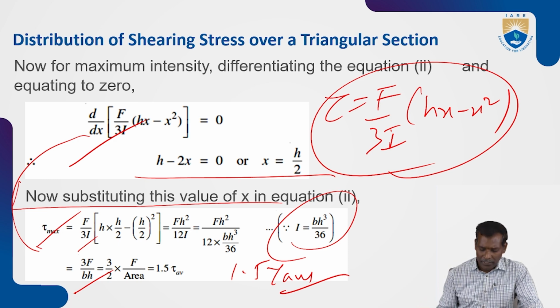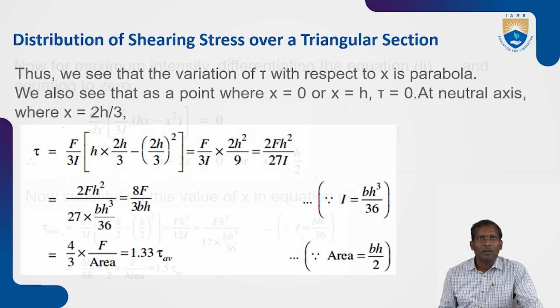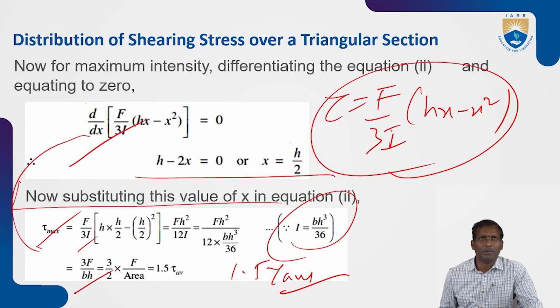For maximum intensity, if you want the maximum shear stress distribution, differentiate the equation and then substitute x is equal to h by 2. Clear?